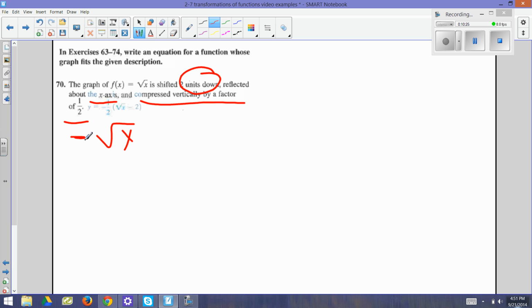Vertical compression by a factor of a half would be 1/2 in front. And then 2 units down would be minus 2. So I'm shifting it down 2 units, reflecting it about the x-axis, and compressing it vertically by a factor of 1/2.